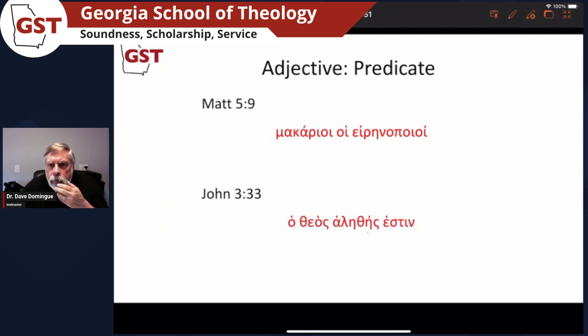Alethes. Okay, so this word happens to be the nominative singular, and it's an adjective.